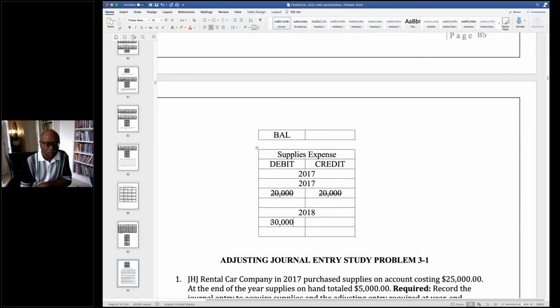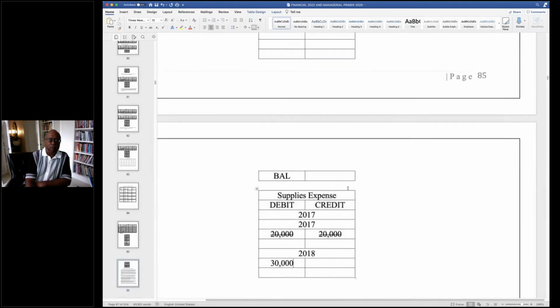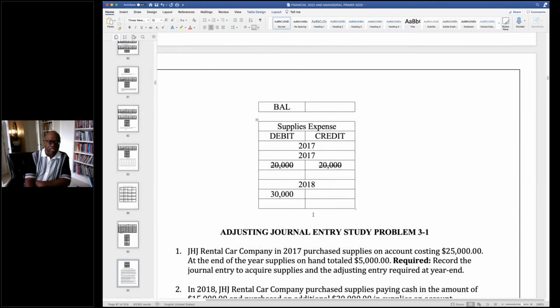Are those lines going through the numbers by accident, or? No, those are closing entries that would be made. So you get to 2018, that expense has nothing in it. So the lines are there to tell you that, okay, when you get to 2019, you don't have anything in the expense account.